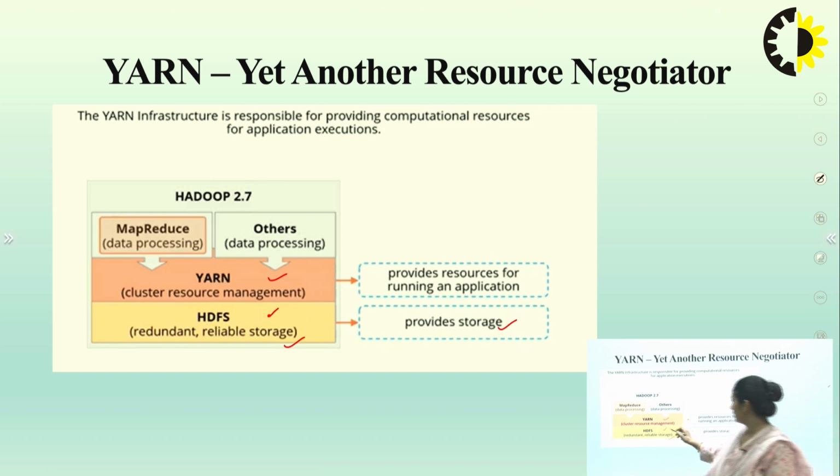First one is HDFS and second one is MapReduce. But after introducing YARN, we could use other data processing tools or components also, like Spark, Tez, etc. We will see all the other components in the architecture.